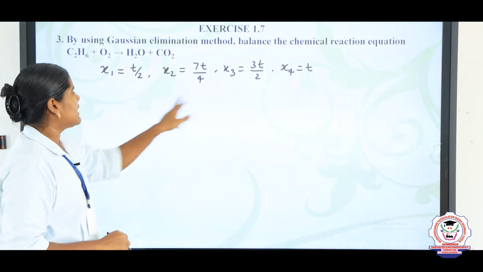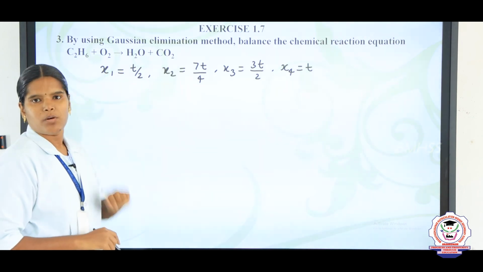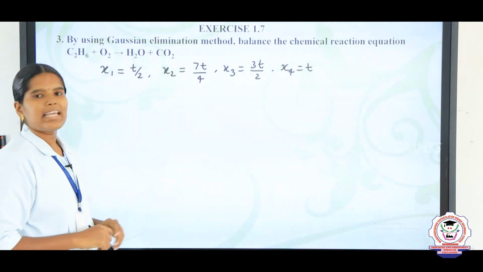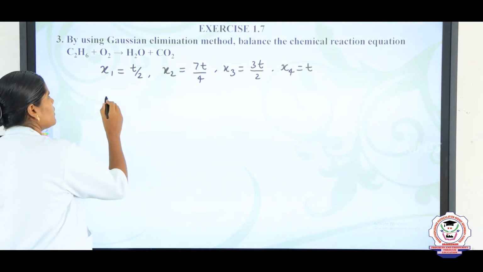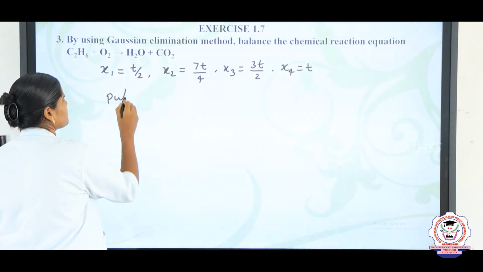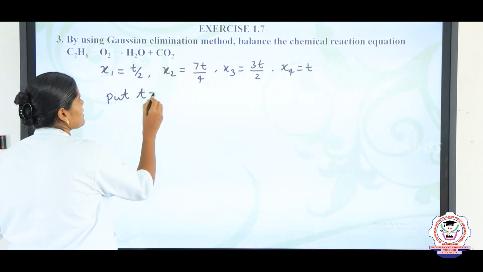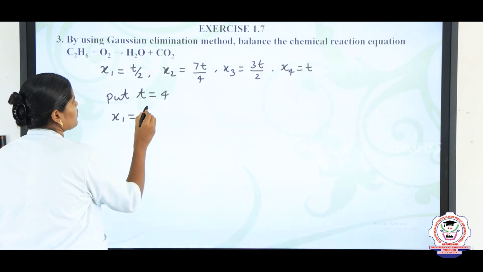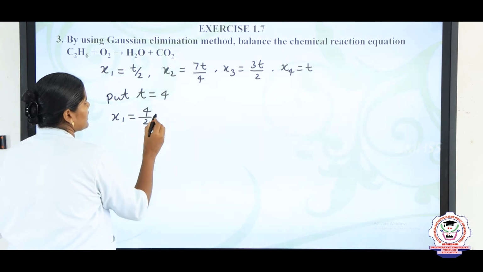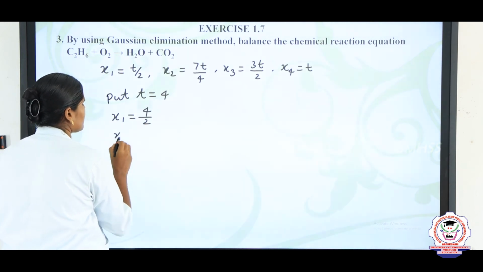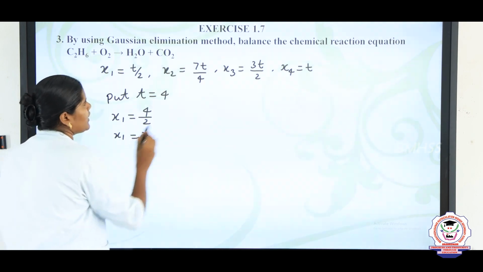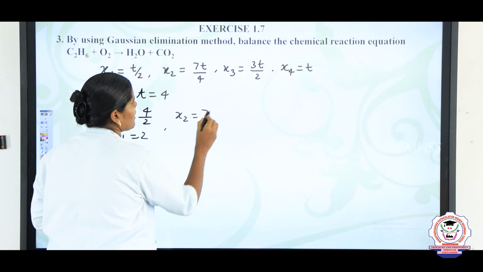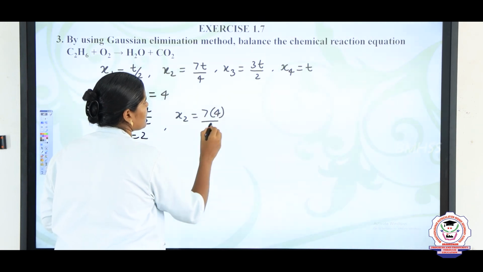So it has the denominators 2 and 4. 4 is a multiple of 2. So now I am going to take t is equal to 4. So put t is equal to 4. Then we get x1 is equal to 4 by 2, that is 2, and x2 is equal to 7 into 4 divided by 4.